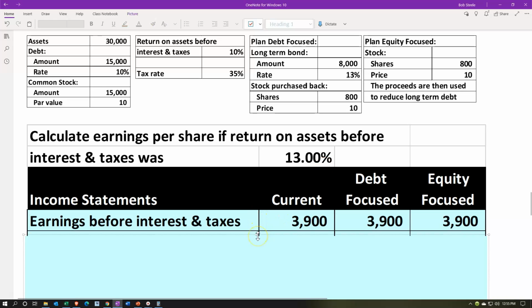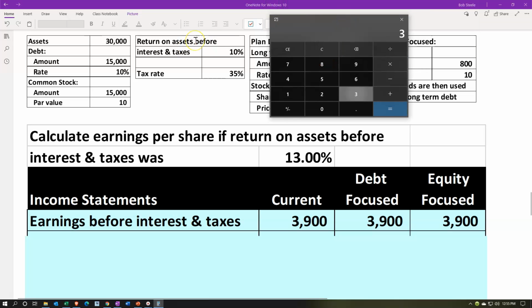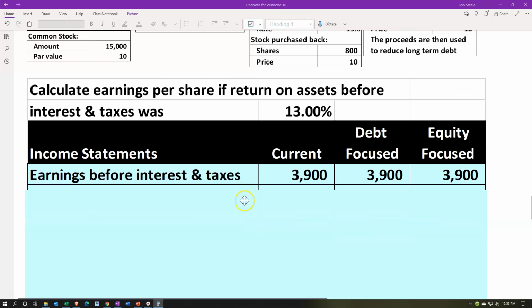We're going to say then that the earnings before interest and taxes is now going to be, we have that same 30,000 of assets here. We didn't buy any more assets, but because of the market or whatever, times the point, we have increased this to 0.13. So we have the earnings before interest and taxes at 3,900 there.